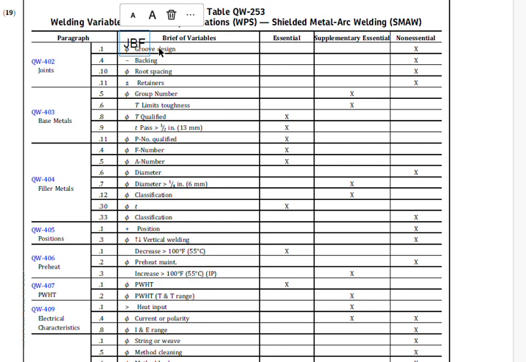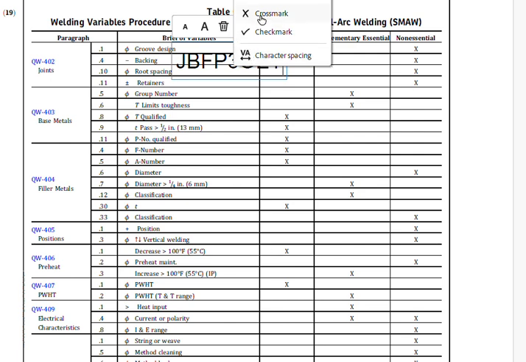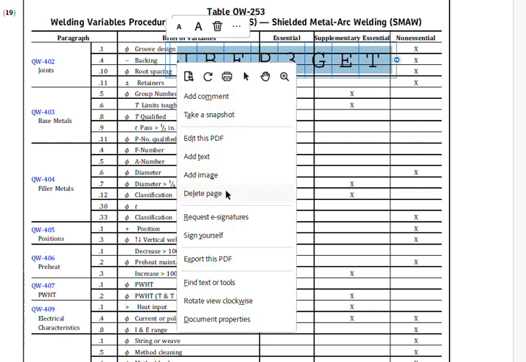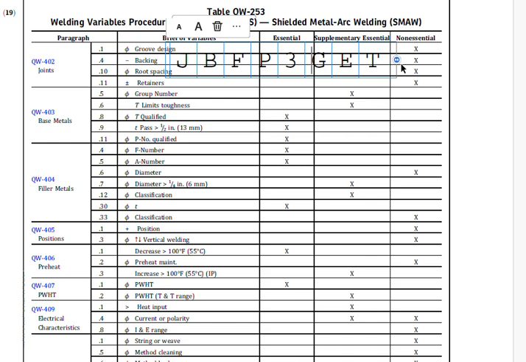GBF P3 GT. Why have I mentioned this? What does GBF mean?